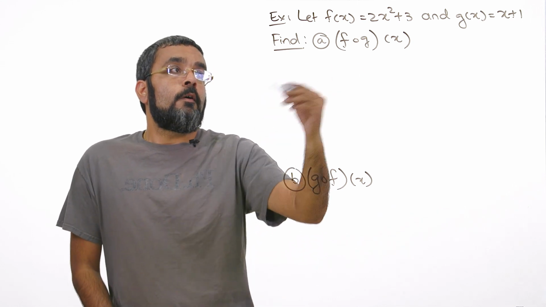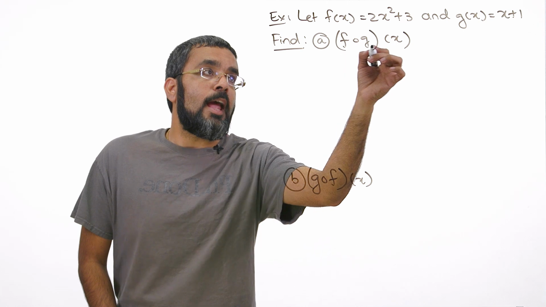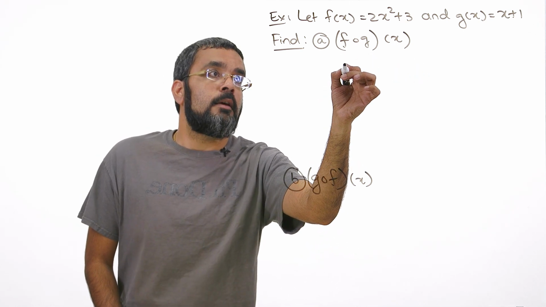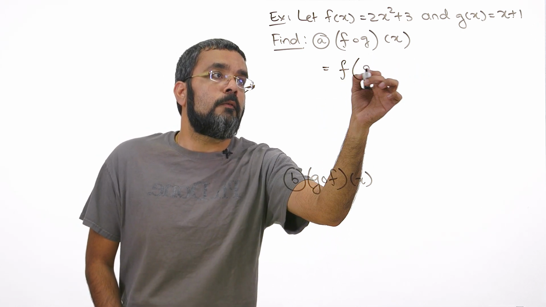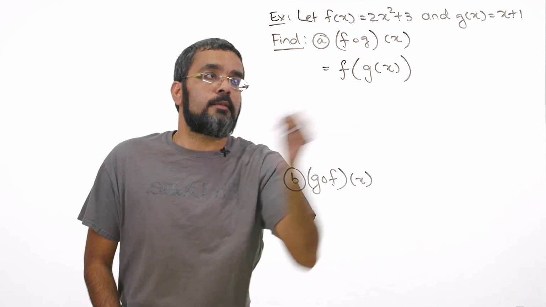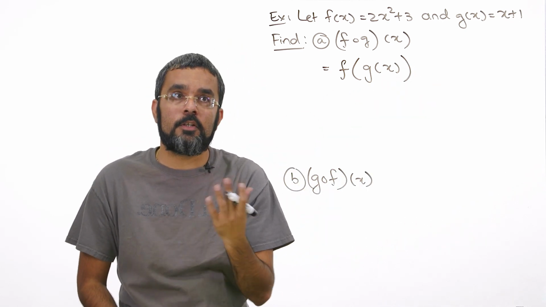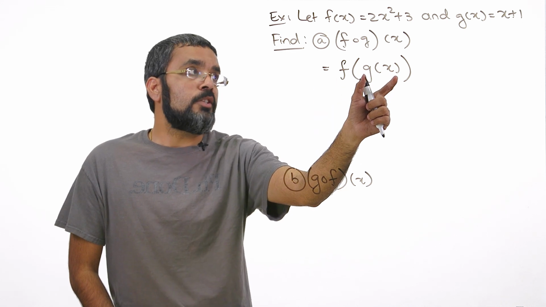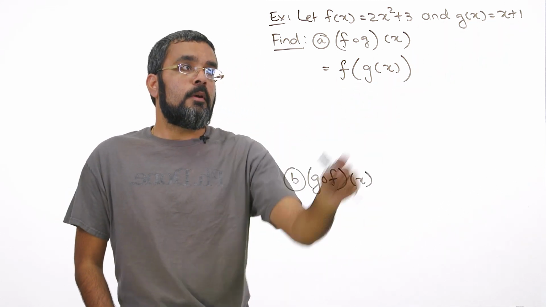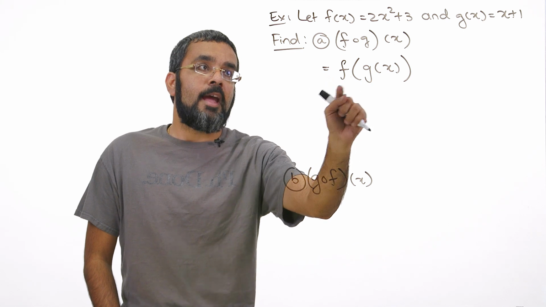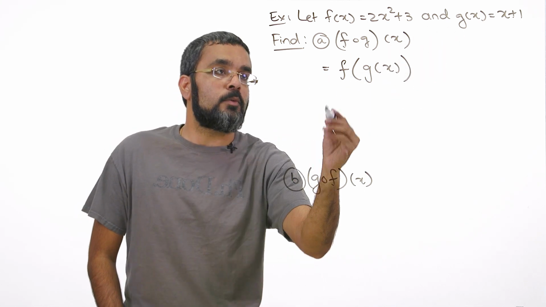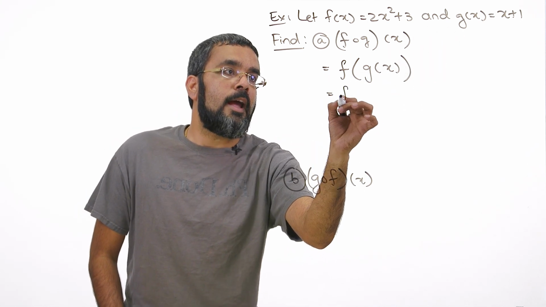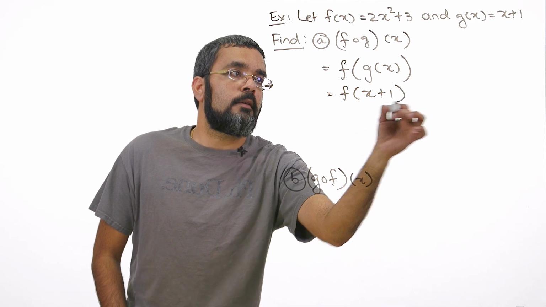So, by definition, we know that (f∘g)(x) is f of g of x. That was our definition for composition. Now, what is g of x? g of x is x plus 1. So we're going to replace the g of x by x plus 1. And so this becomes f of x plus 1.